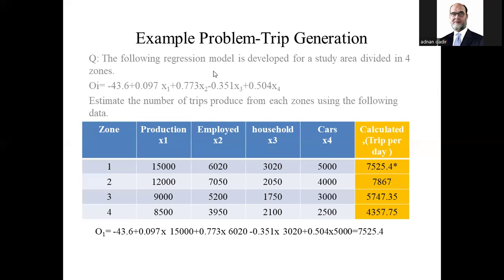It says the following regression model is developed for a study divided into four zones, 1, 2, 3, and 4, as you can see from the table.